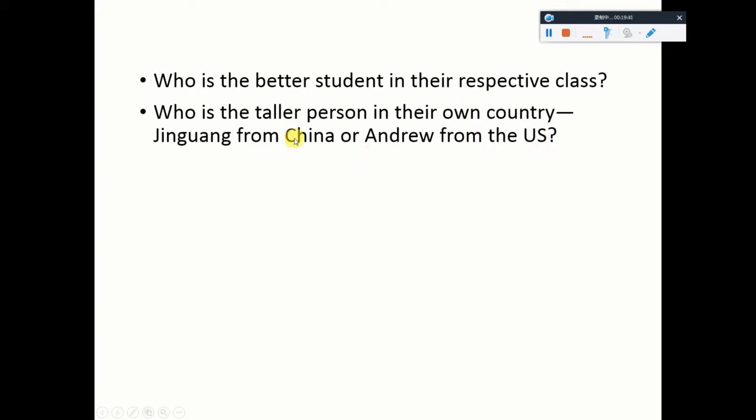China and the US obviously have very different distributions of height, and a tall person, quote unquote, from China is not necessarily a tall person from the US or vice versa. So if we are talking about who's taller in their own country, we also need more information: what's the distribution of height in China and what's the distribution of height in the US?